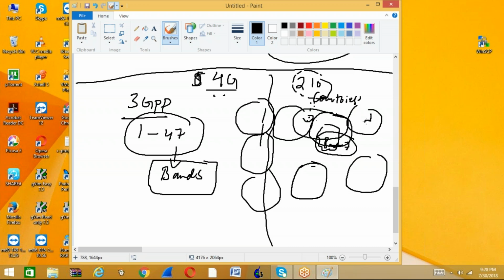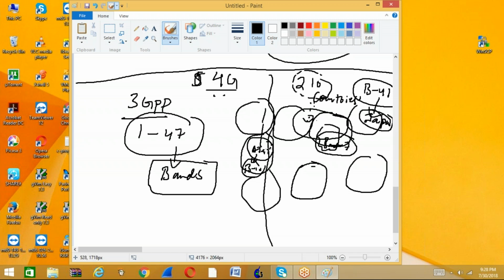Whereas in Japan, we have an operator called Docomo. Docomo has selected band 41. In the US, we have AT&T. AT&T has selected, I'm not sure, band 11 or something like that in FDD and TDD. That I'll discuss later.